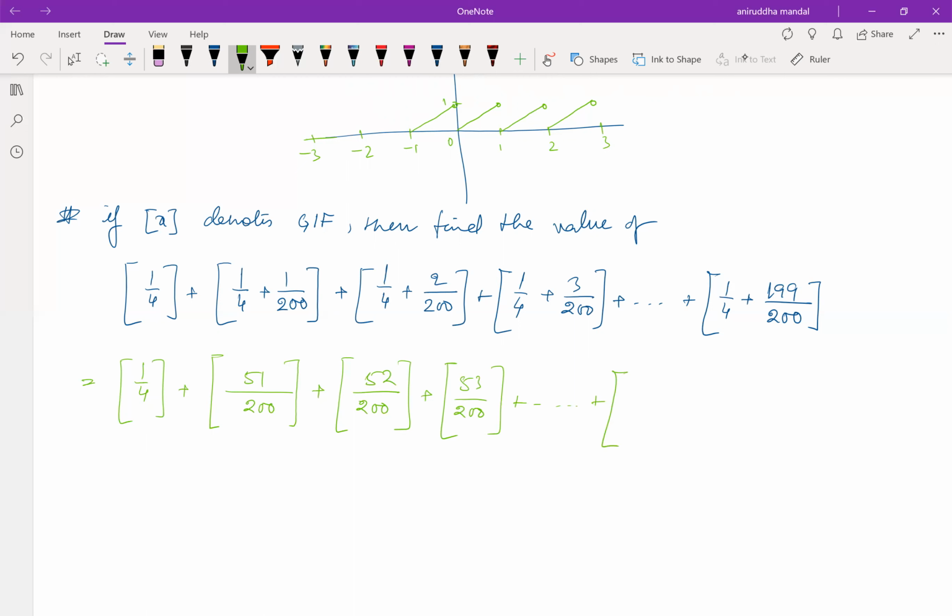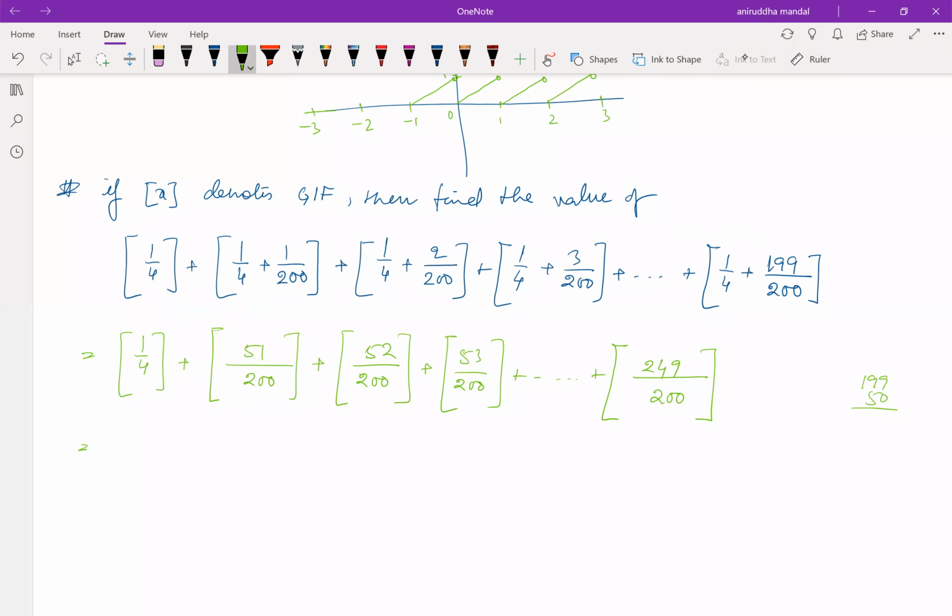The last value is 50 plus 199, so 249 by 200.